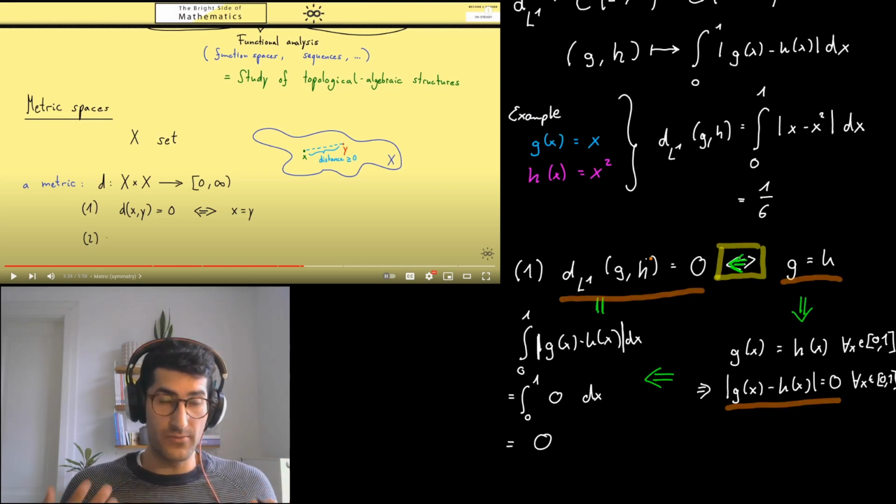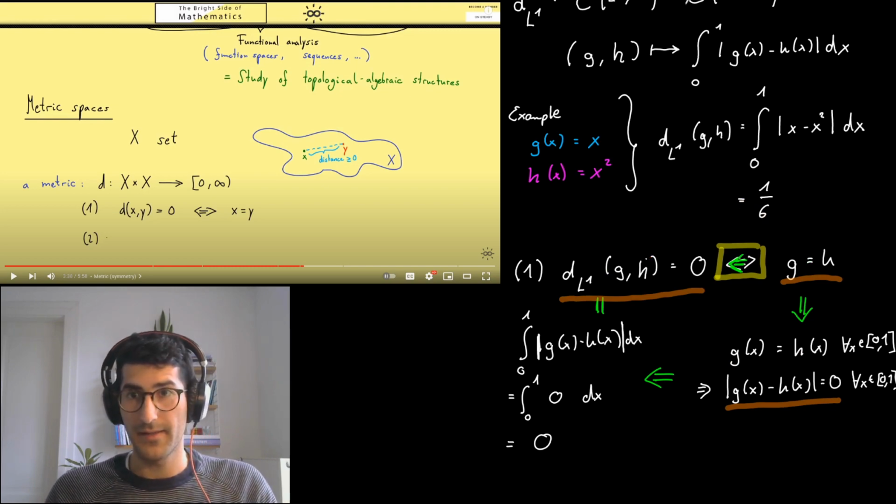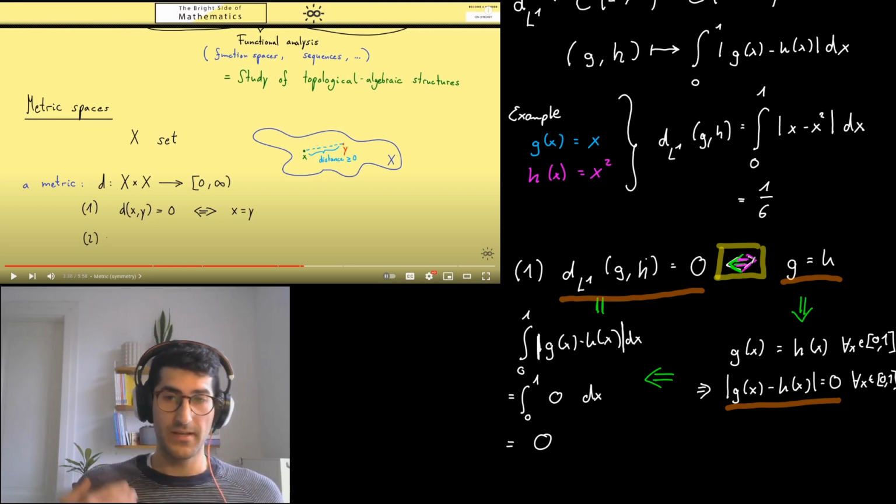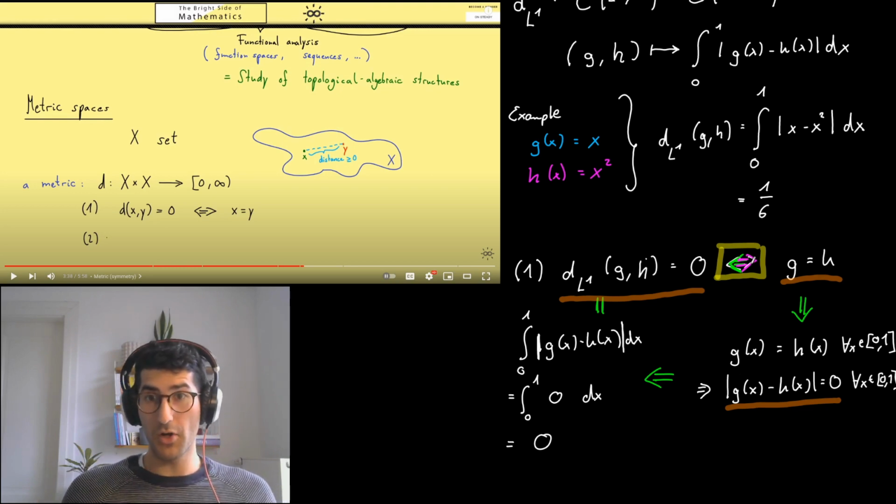So what you can do now is also try to prove the other direction of the implication, which is a little bit more involved. You will need some more knowledge on what you can do with continuous functions. Try it on your own. If you have any questions on it, let me know in the comments. Let me know how I can help.